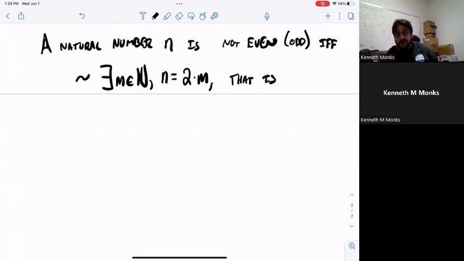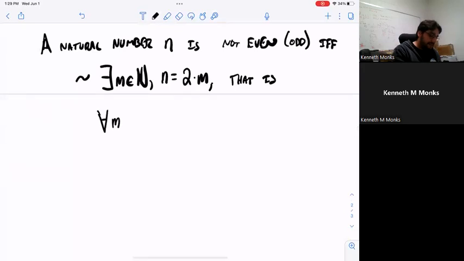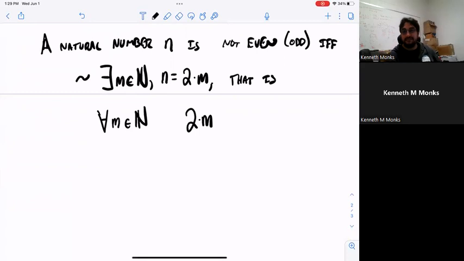What must be true is that for every single natural number m, if you checked and asked, is 2 times m equal to n? The answer will be no. If it's not the case that there exists even a single natural number whose double is n, then it must be the case that if you ran through all of them, that's why I changed it to for every, and you checked twice that quantity, you will never see n.